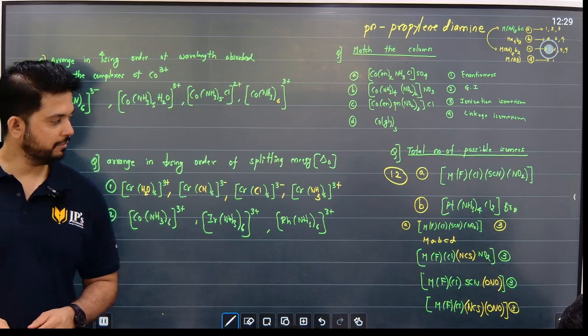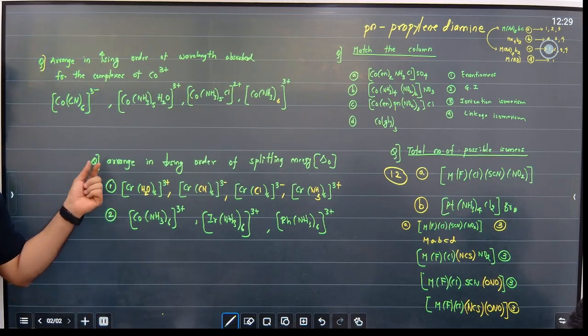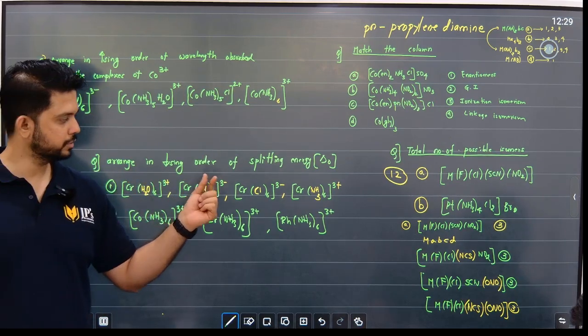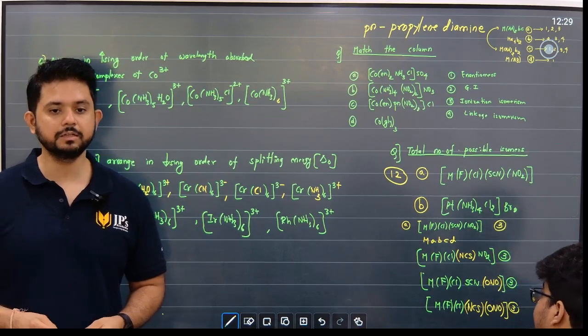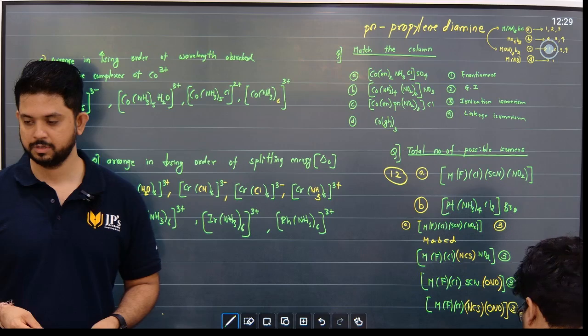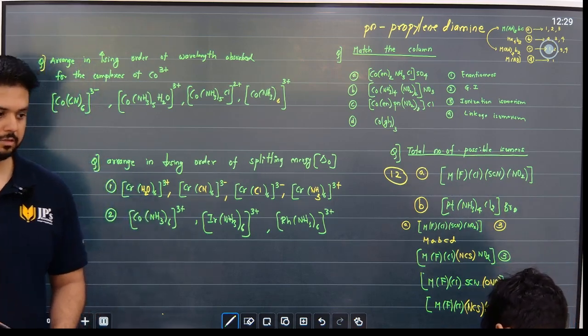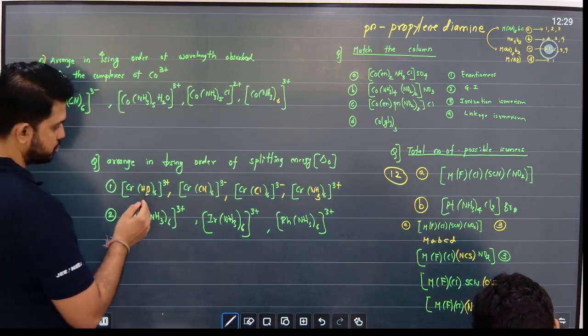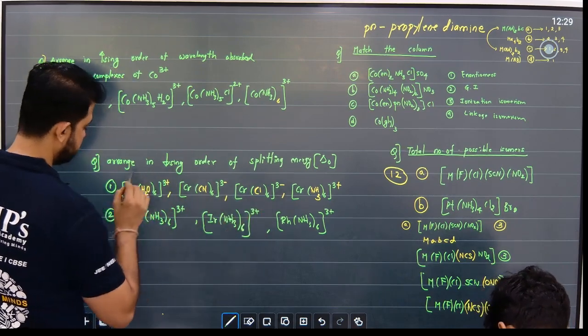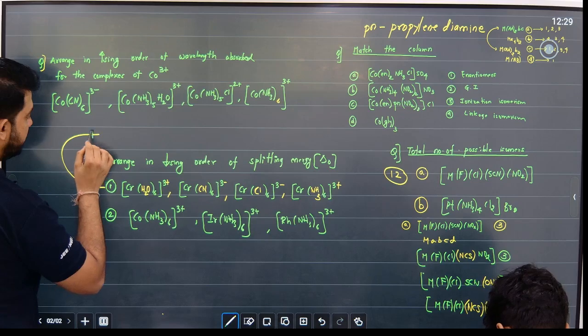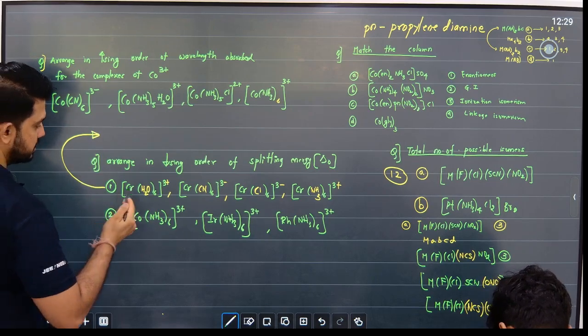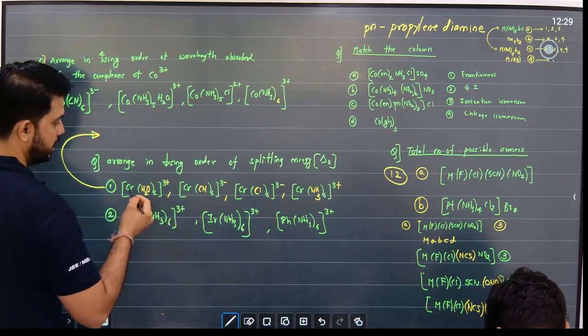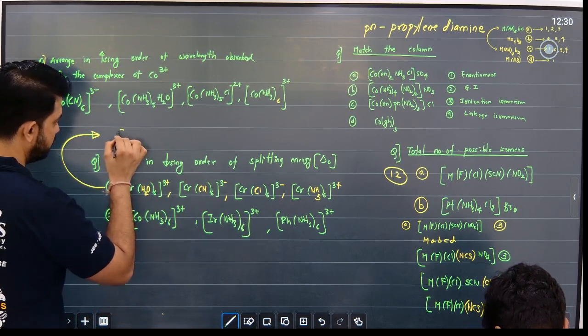So what we have to do over here is, for decreasing order of splitting energy, we need the strength of ligands. So tell me, here we have H2O, CN, Cl and NH3. What was the trend in strength of ligands? Which was the strongest? The carbon donors, so CN.